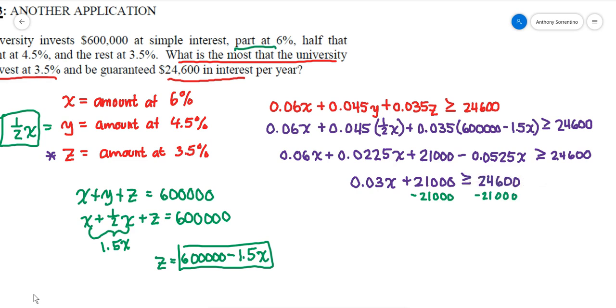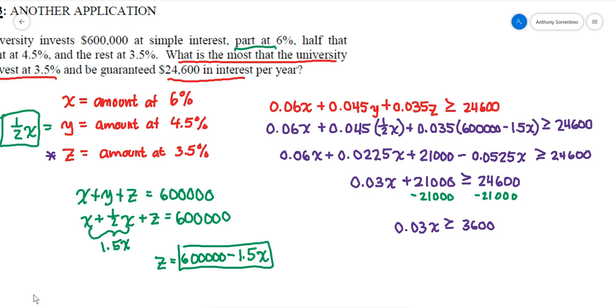And I get 0.03x is greater than or equal to 24,600 minus 21,000, which is 3,600.